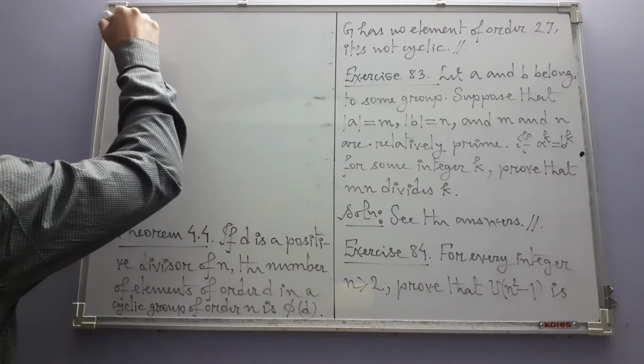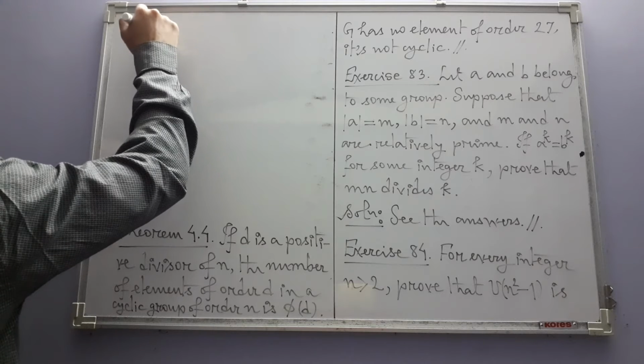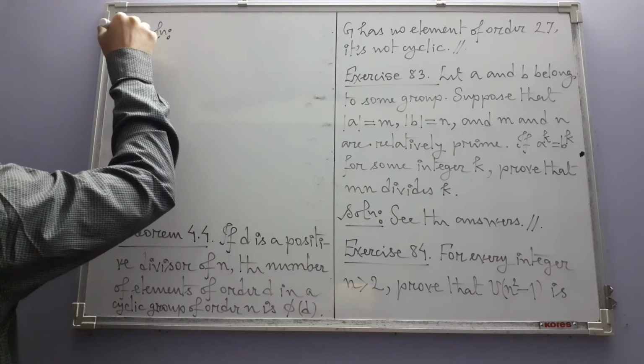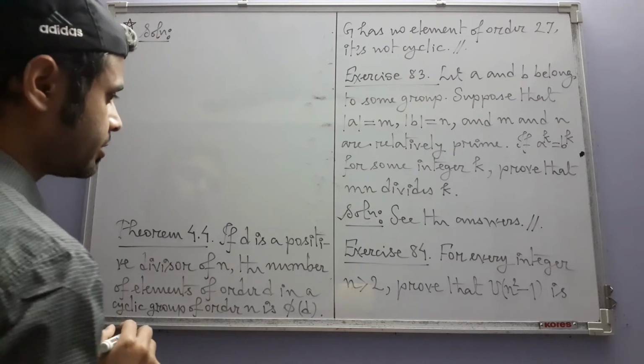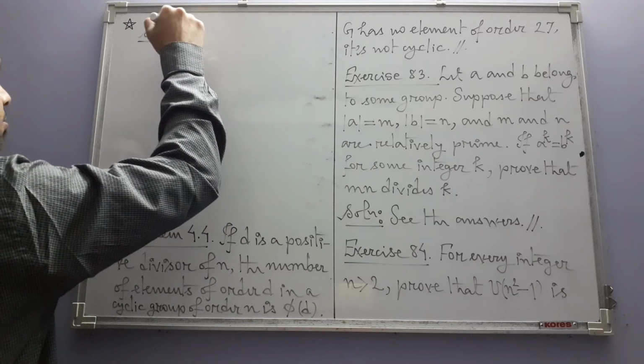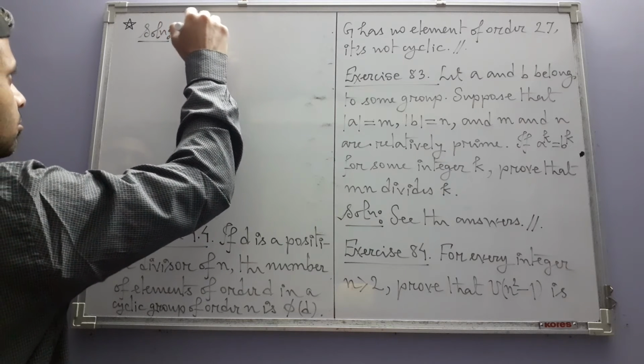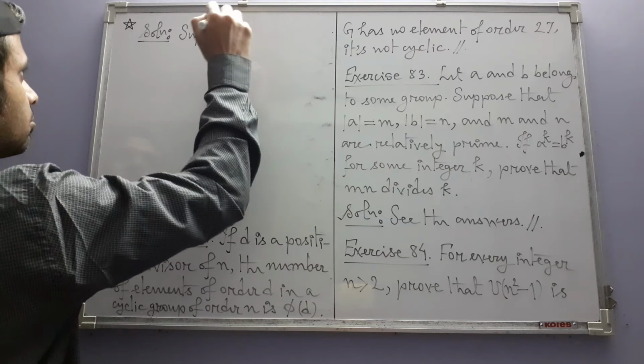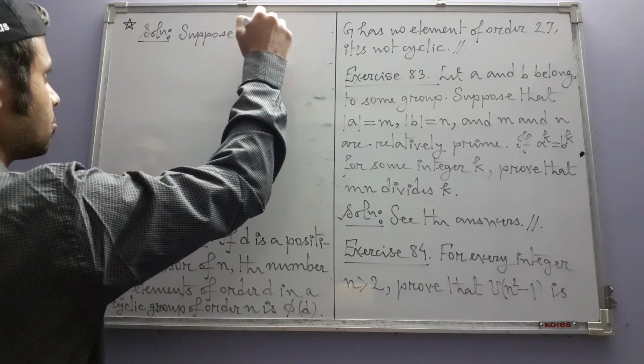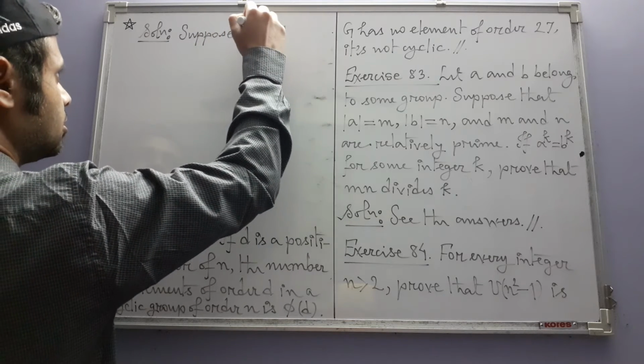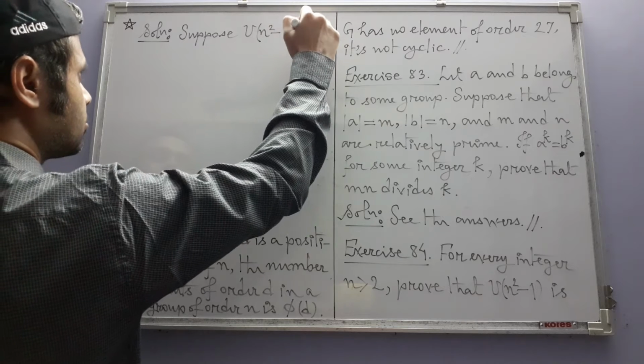Now we write the solution. It is by contradiction. Suppose this is cyclic.